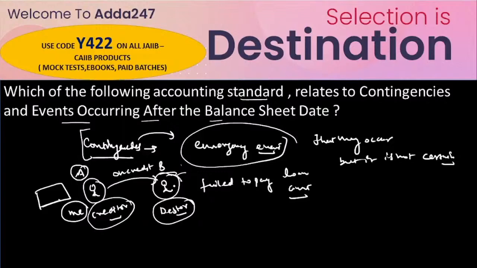This event occurred after the balance sheet date, so that is known as contingencies and events occurring after the balance sheet date, and this is related to accounting standard 4. I hope it is clear for everyone.